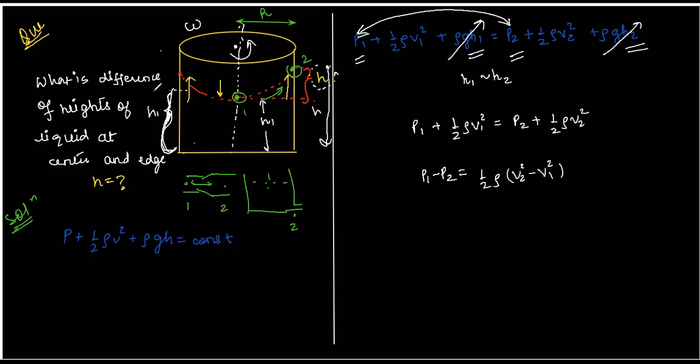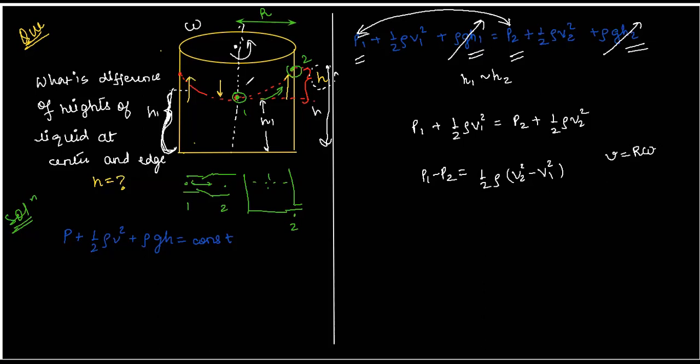Now, do you know that if this entire liquid column is rotating, in such a scenario we can write V is equal to R omega, where R is the distance of that point from the center. Have you read this in rotational motion, right? Yes, sir.